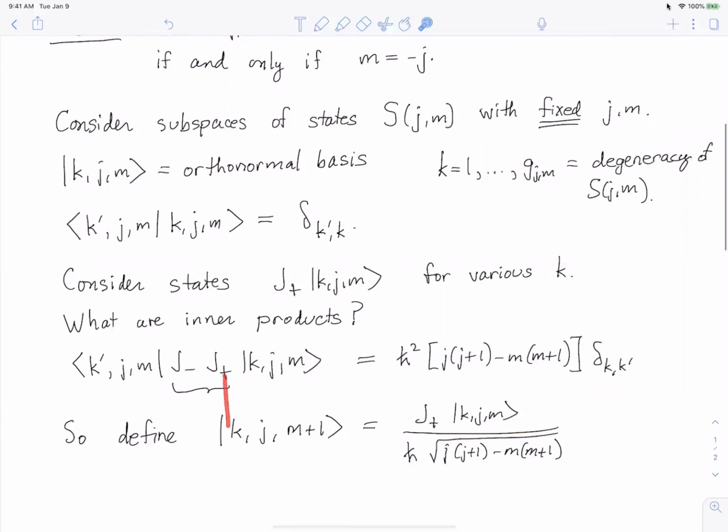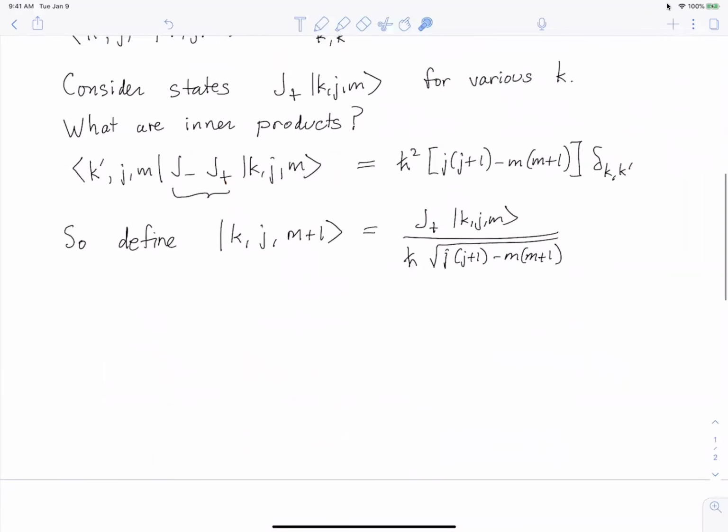Okay, so what does that mean? That means these form an orthonormal set of states. I'm being careful for the moment not to call them a basis because we're not sure that they're a basis yet, but we will prove that, in fact, they are.